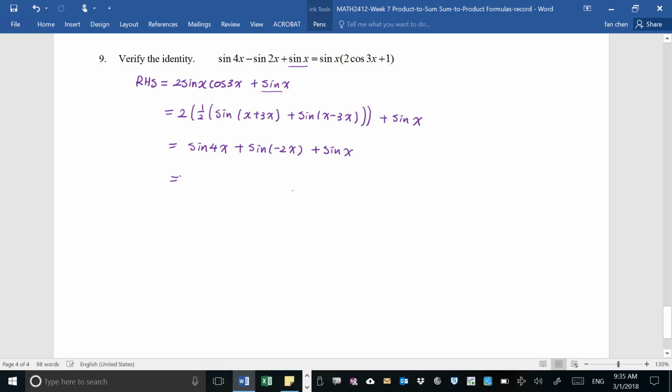And since sine is an odd function, sine negative 2x is the same as negative sine 2x. So that will be sine 4x minus sine 2x plus sine x. That's exactly the same as the left hand side. So we finish proving the identity.